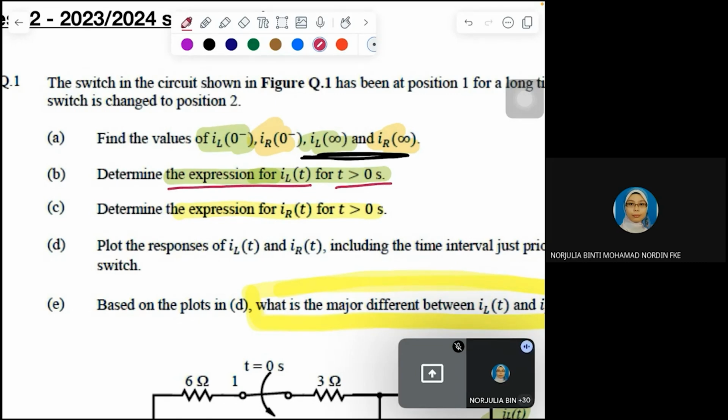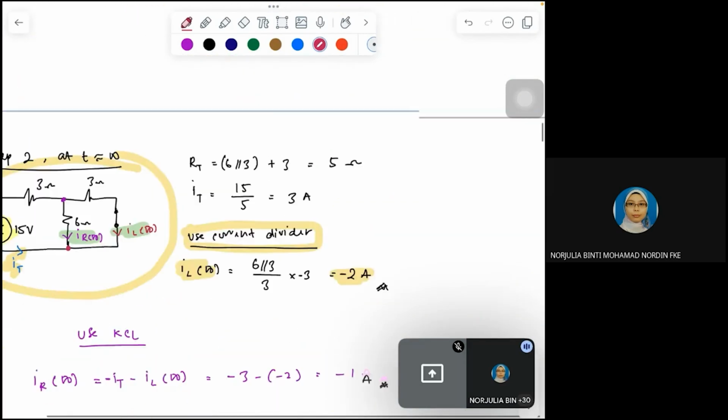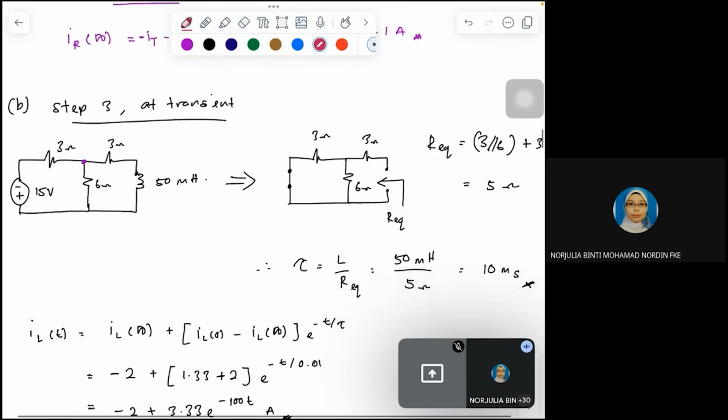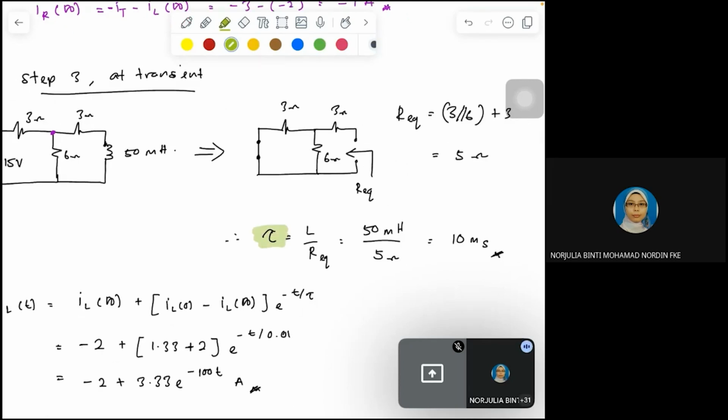To get the complete expression, we need another parameter which can be analyzed under step 3, where this circuit is at transient. The purpose of step 3 is to determine the tau, the time constant for this circuit.